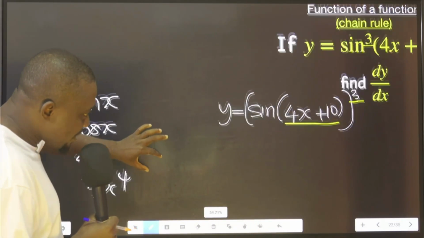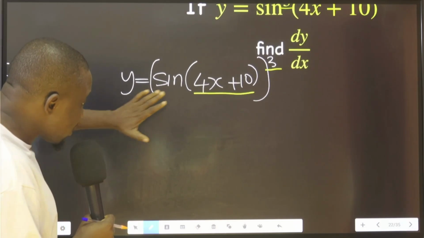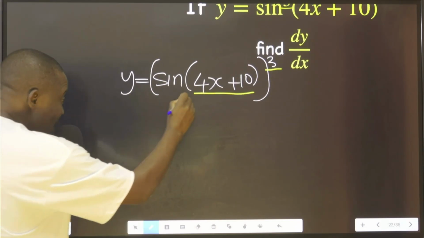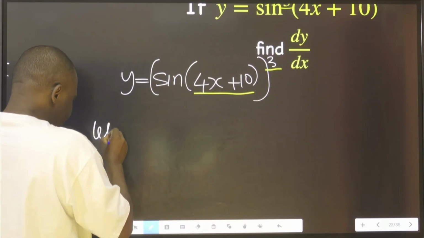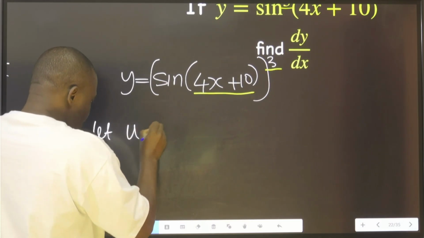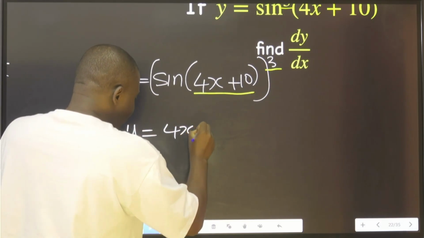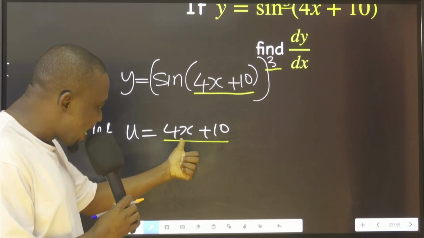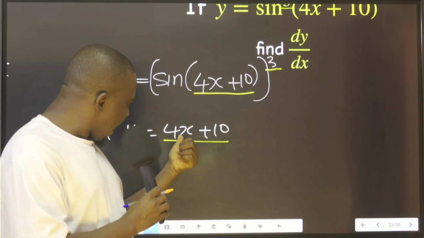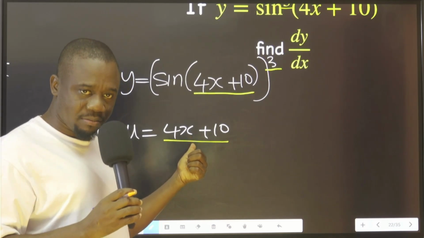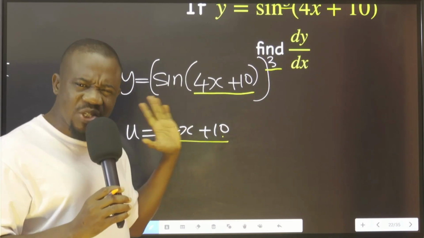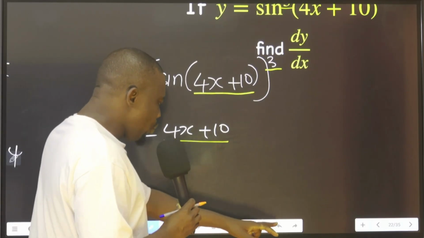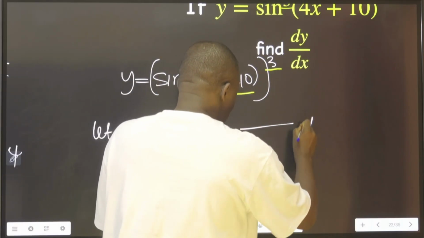How do you go about this? Because this is multiple, we are going to say, let u be equal to 4x plus 10. This is single. We can apply the dy/dx here because we can apply it directly on 4x. The 10 will be 0. That is okay, so we can call this equation 1.